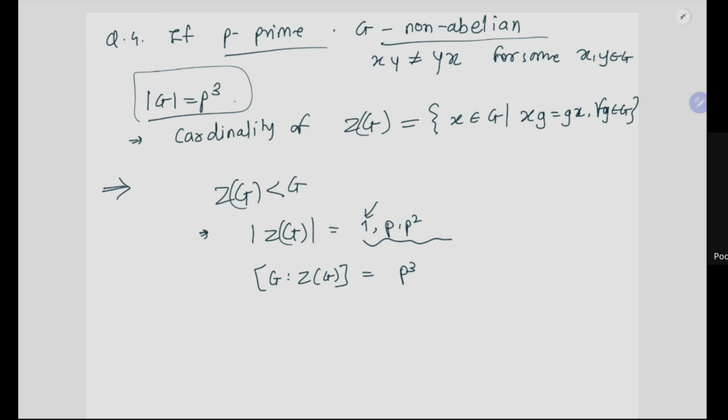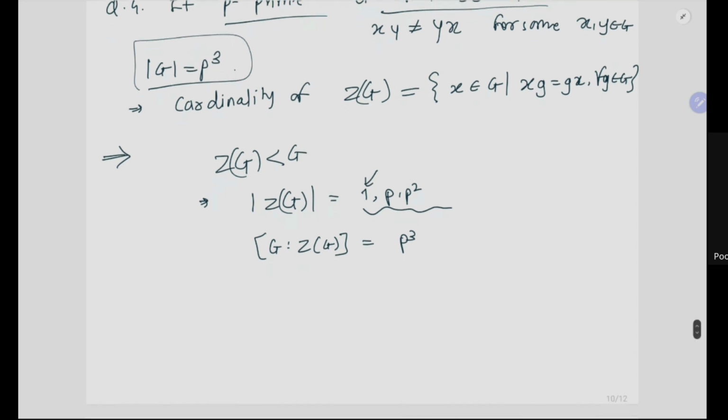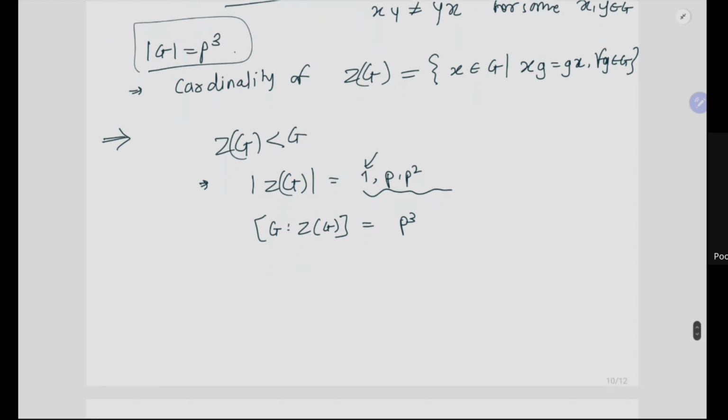The order of the quotient group is PQ, G also PQ. I hope that is clear. So one will not be the case here. So there are two possibilities, P and P square.